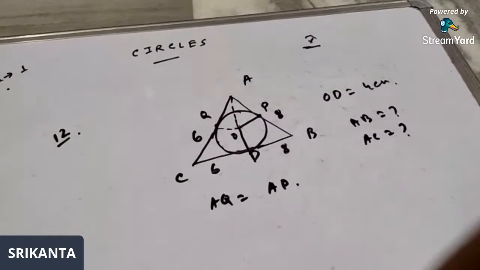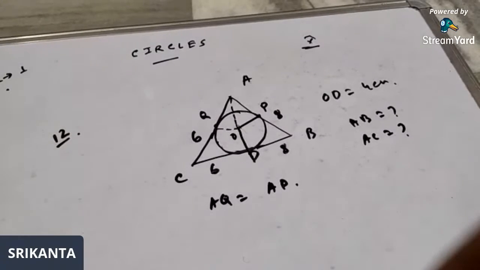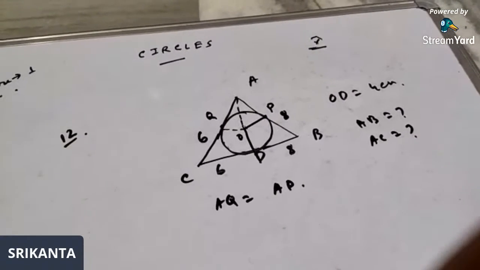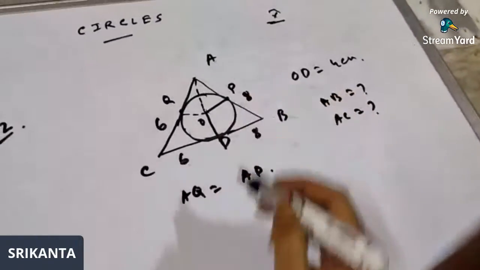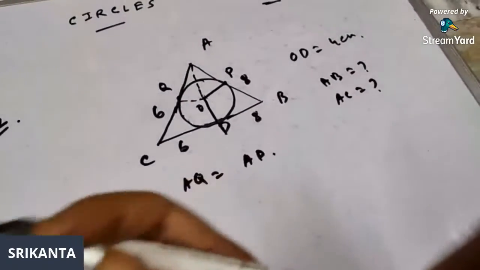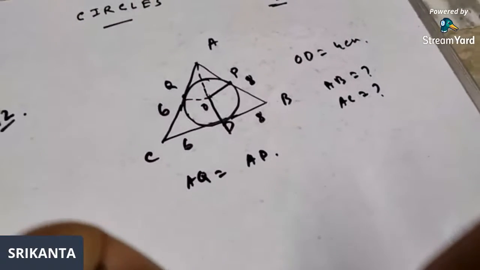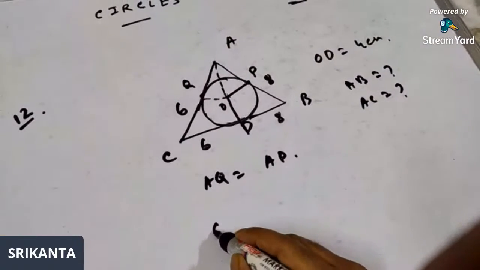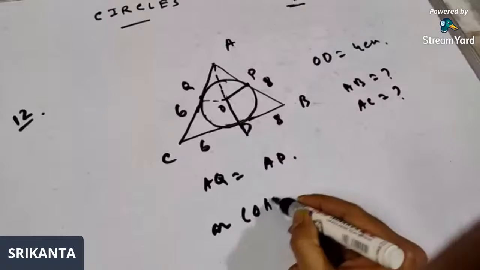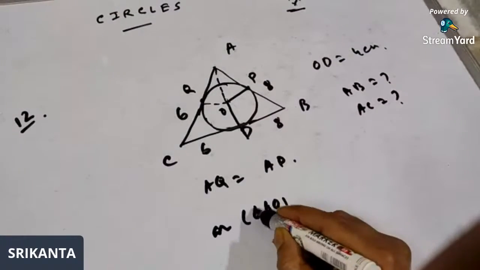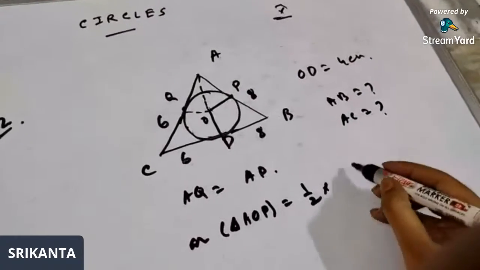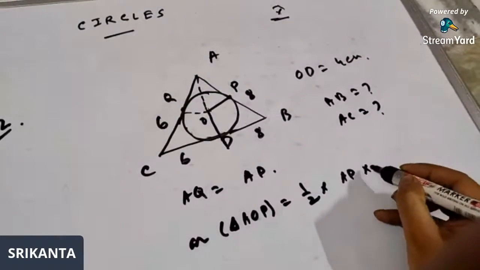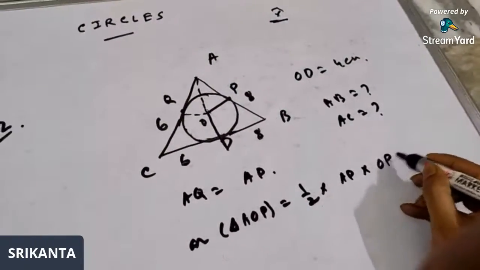Now area of triangle AOP will be half into AP into height OP.